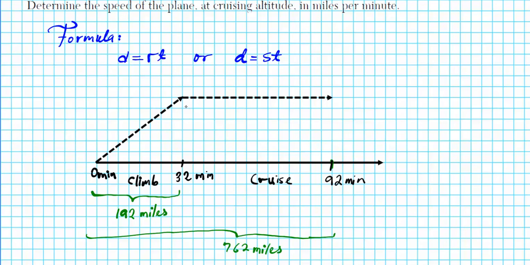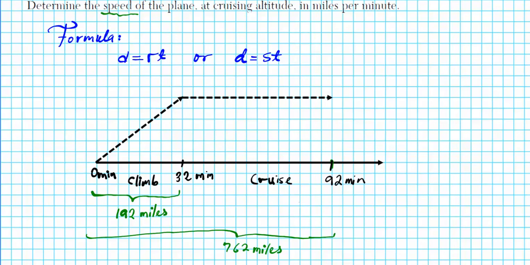Then after 32 minutes, it traveled an additional period of time, for a total of 92 minutes, just cruising at a constant speed. From the start to the end, it covered a total of 762 miles. So the question is, determine the speed for this interval right here. What is the speed here?